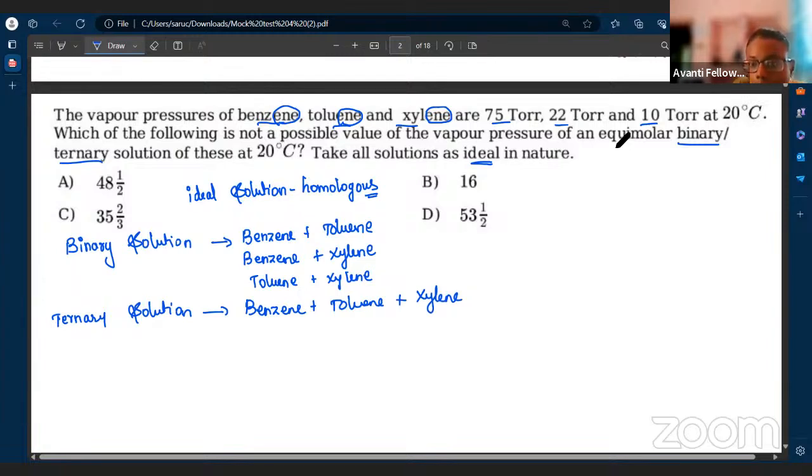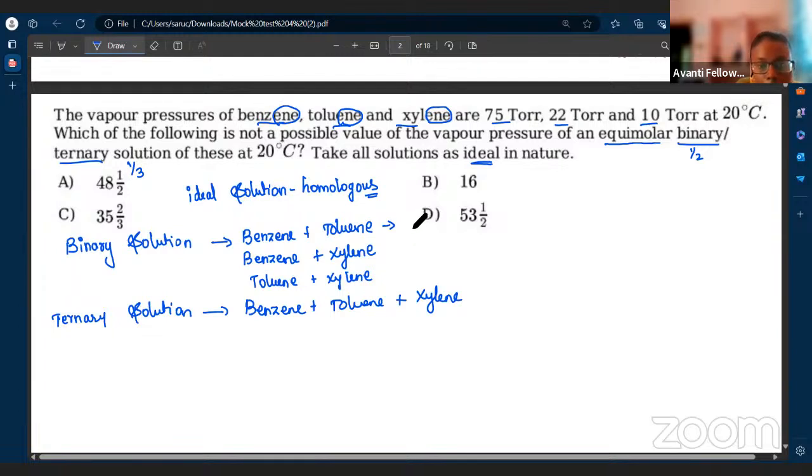And you can see the word equimolar is given. So what is meant by equimolar? The equimolar solution will have equal mole fractions. For a binary solution, the mole fraction will be 1/2, and for a ternary solution, it will be 1/3. So first I'm taking benzene and toluene.